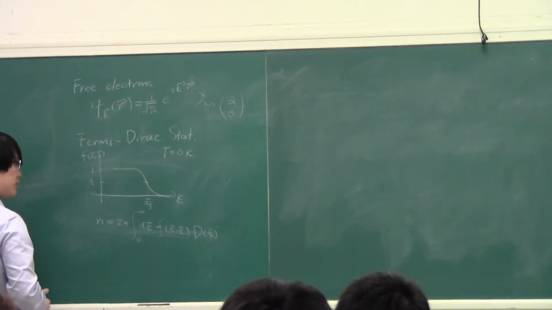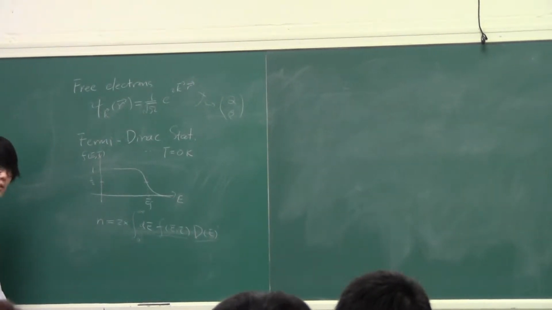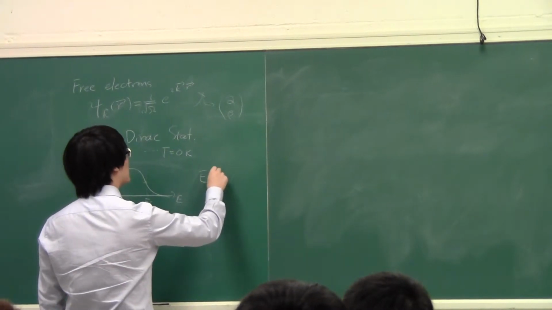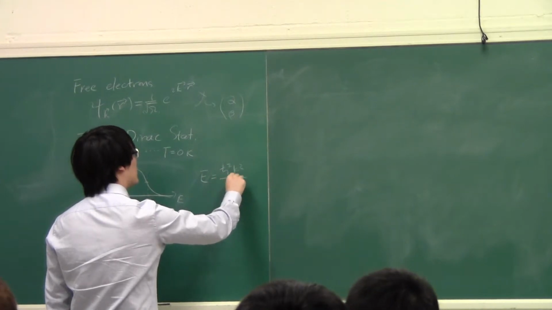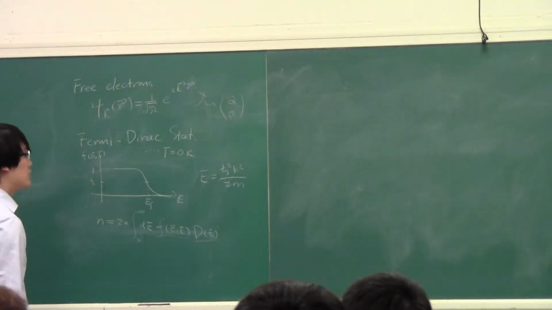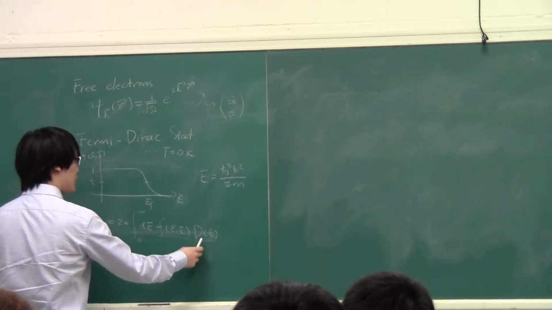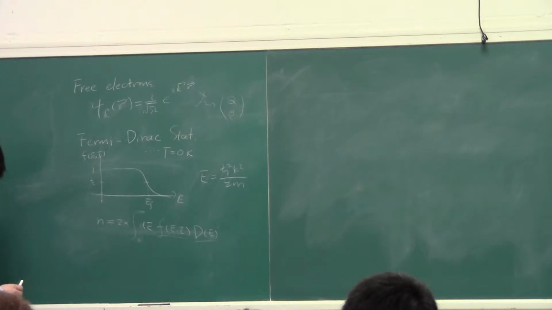Okay. So we can find the density of states for these massive particles with this kind of relation. The E-k relation for the free electron is E equals h bar squared k squared over 2m. So we can derive the density of states from here, and then integrate the density of states from 0 to EF, relate it to the total number of electrons, and we can find what EF is.